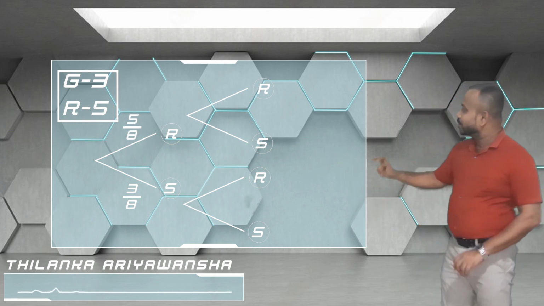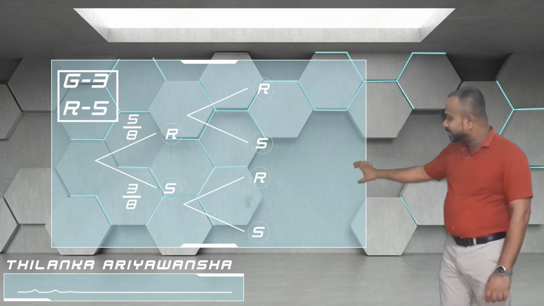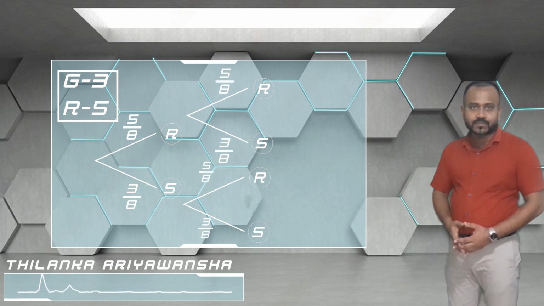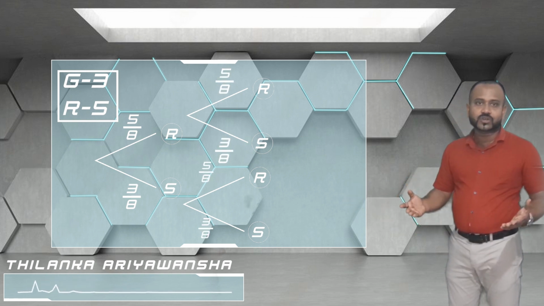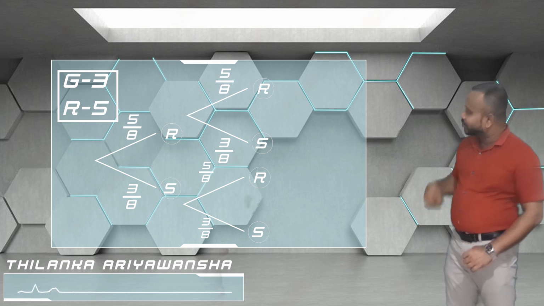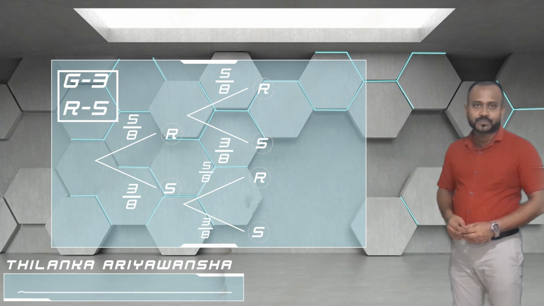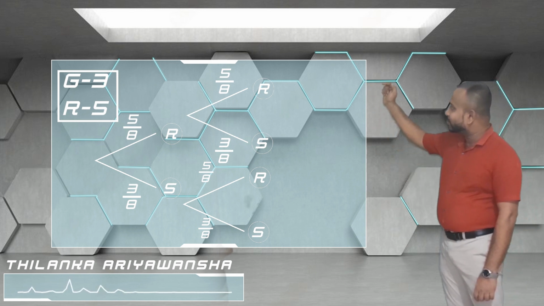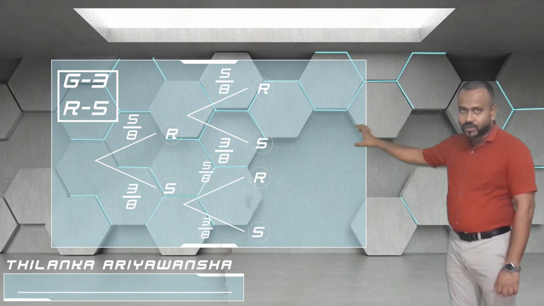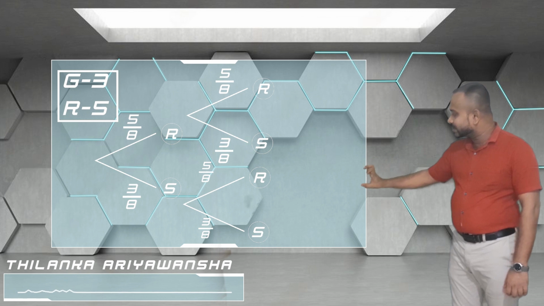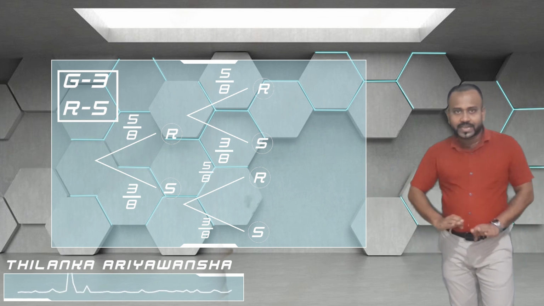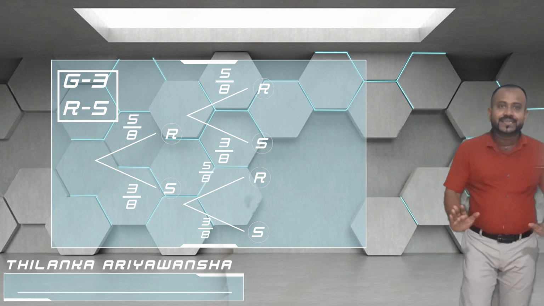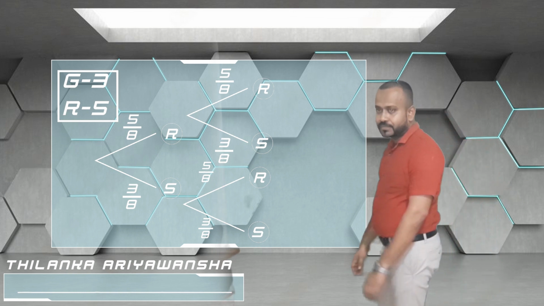The same probabilities we have to mention on these branches as well, because I told you this probability is not changing since we replace the bead. Okay. Then you can see here we have 5 over 8, 3 over 8, 5 over 8, 3 over 8. Now we have already completed our tree diagram.